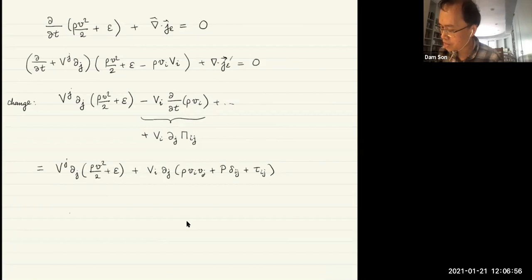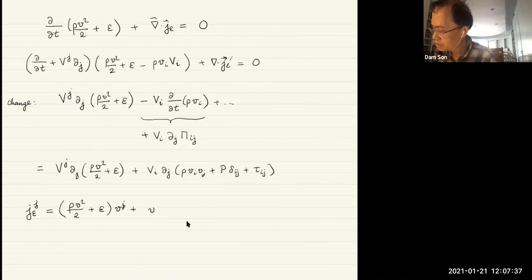It is the following structure: rho v squared over 2 plus epsilon, times v, J epsilon j, sorry for this index is Vi, Vj, plus, let me write this way, V times P delta ij plus tau ij.